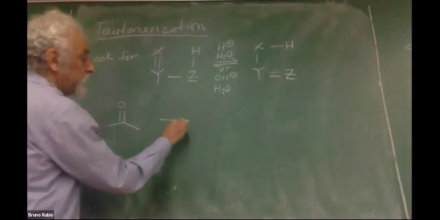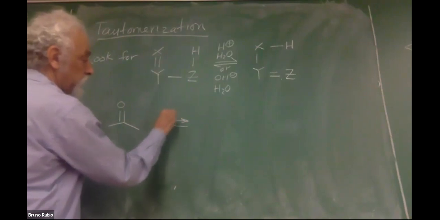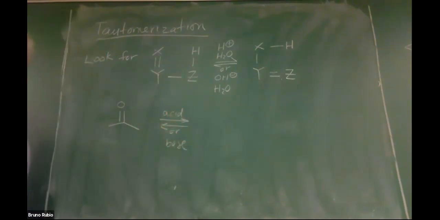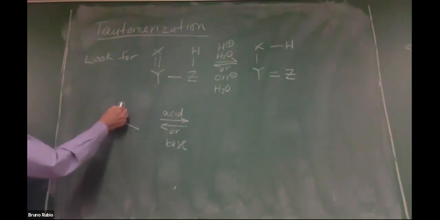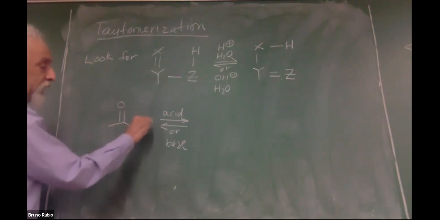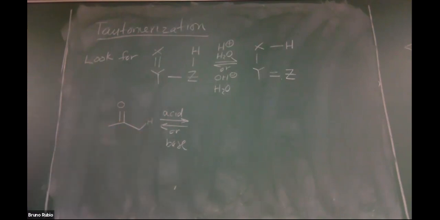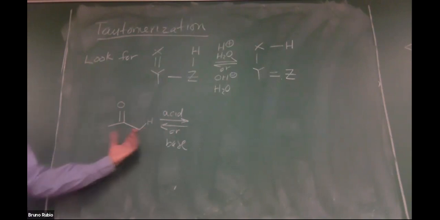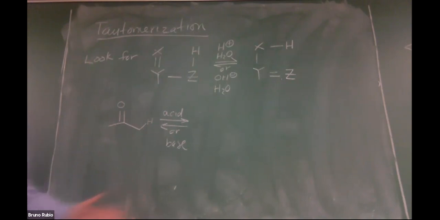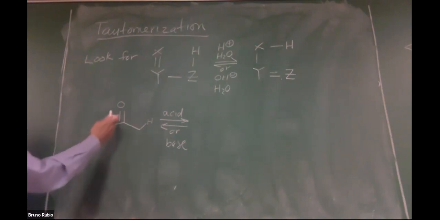Under acidic conditions or basic conditions, acid or base, it undergoes this tautomerization. I see a double, single bond to hydrogen, right? I didn't have to write that hydrogen. I did it now, but since it's a bond line structure, we know that there are hydrogens there without having to write them.